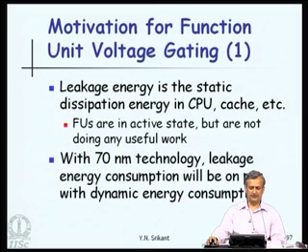Why should we do this? I mentioned this in the introduction. Leakage energy is the static dissipation energy in the CPU, cache, etc., and function units are in an active state but are not doing any useful work. That is the time when we actually want to save energy. With 70 nanometer technology, leakage energy consumption will be on par with dynamic energy consumption.